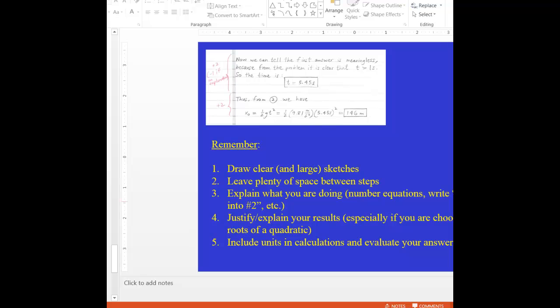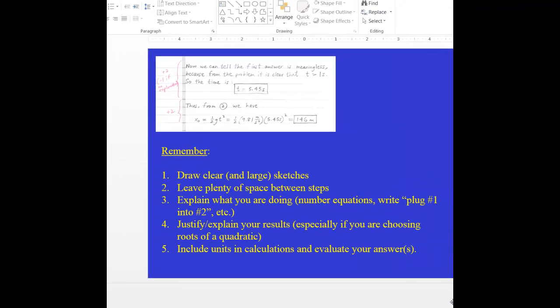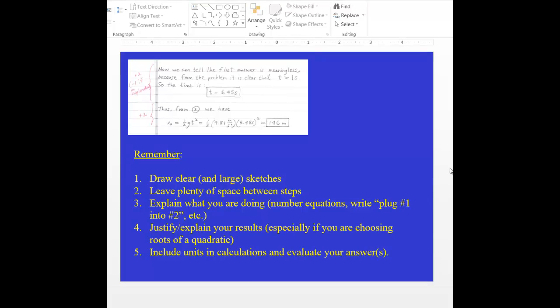And a couple of things to remember is that, as I said, draw clear sketches, leave plenty of space between steps, explain what you're doing, and then evaluate and explain your results.